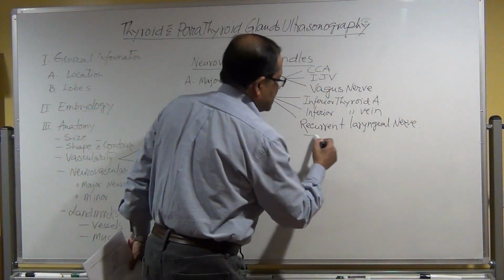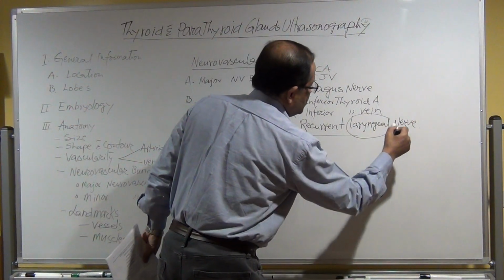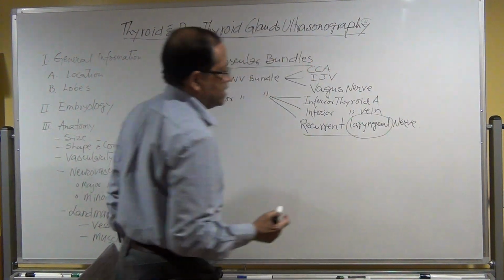This recurrent laryngeal nerve is the nerve that supplies the larynx.